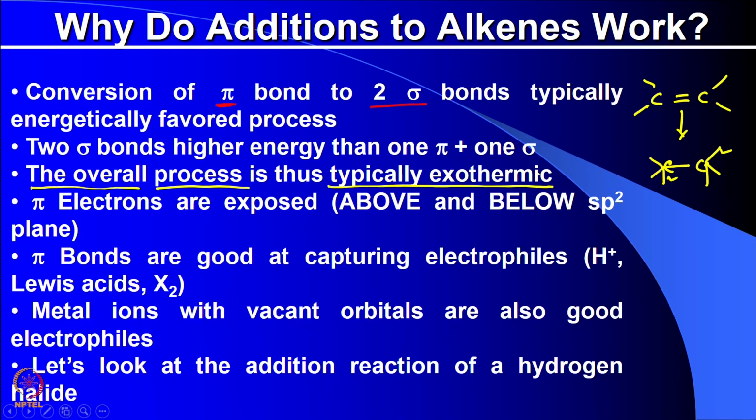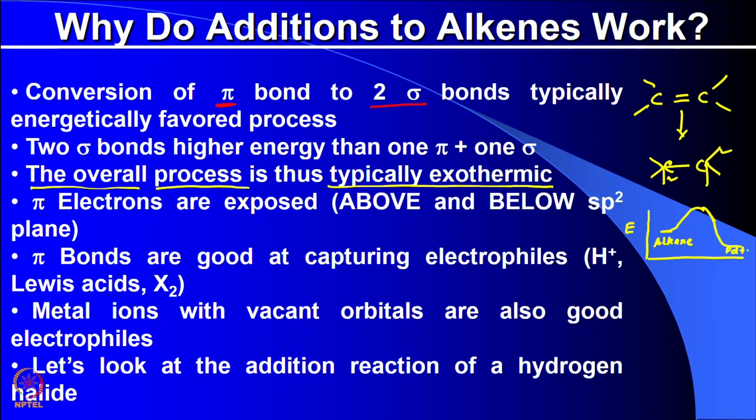What do we mean? If we draw the energy profile diagram of this reaction, if we have this alkene at this level, it goes through a transition state and the product is generally more stable.